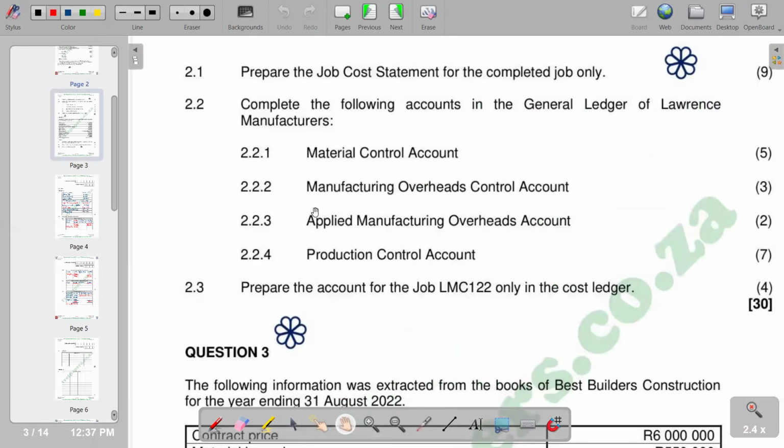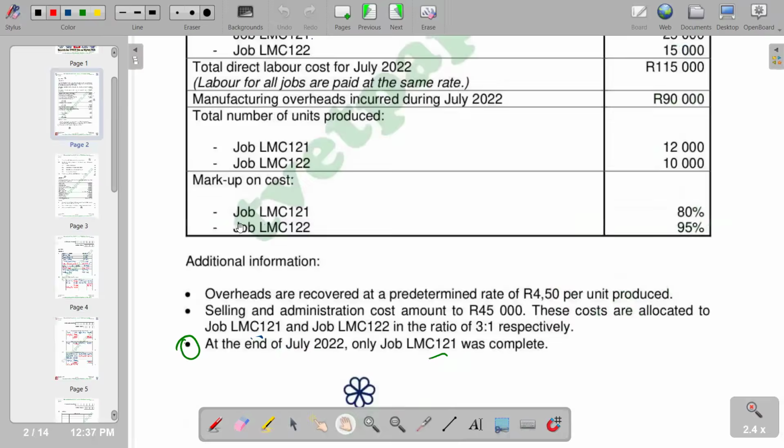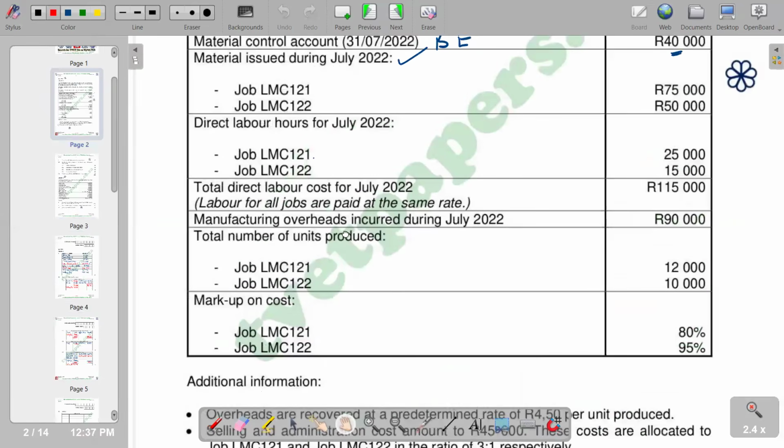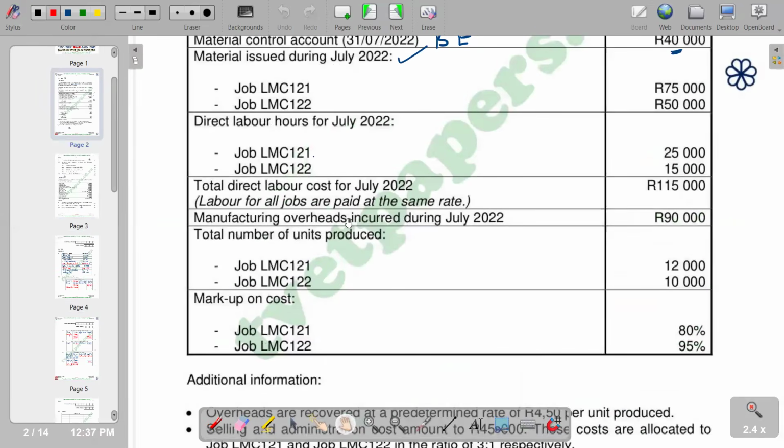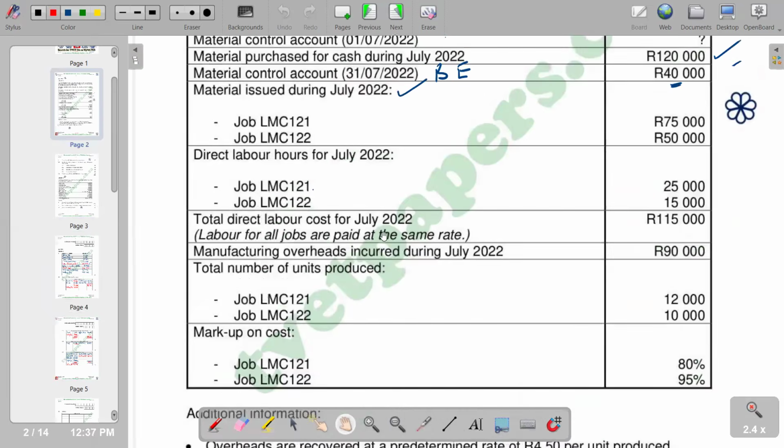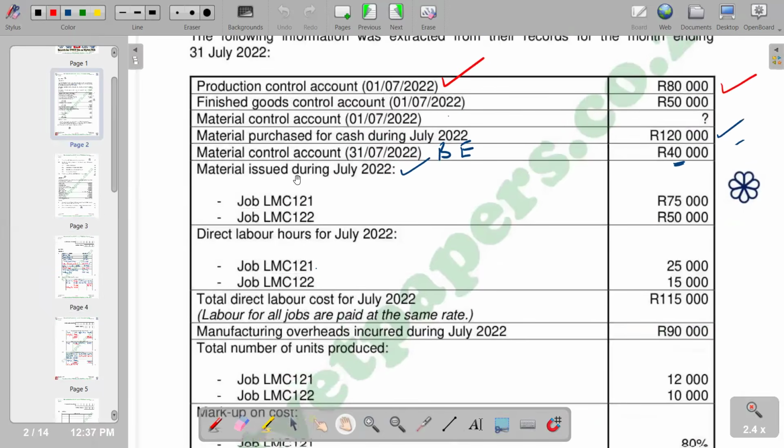So we check according to the question. We've got the material issued of 50,000 for job LMC 122. So it goes on the debit side of the cost ledger.